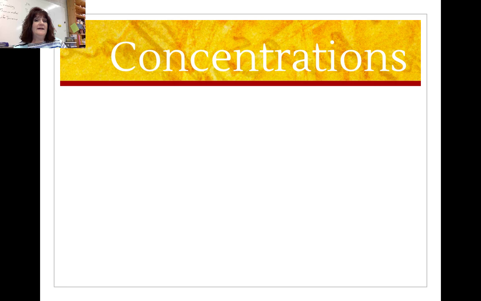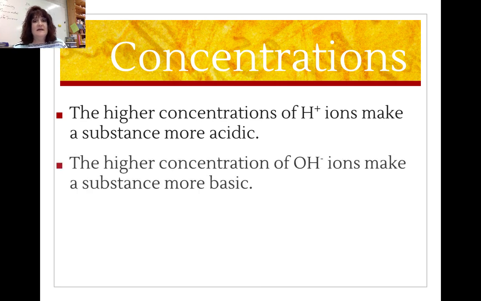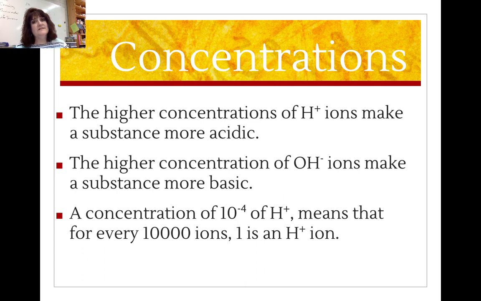So now go back to the back and we're going to talk about the concentrations. If it has more H positive, it's more acid. The higher the concentration of OH negative makes it more basic. And concentration works like this. If you had a concentration of 10 to the negative 4, that means that for every 10,000 ions in the solution itself, only one of them is an H positive.